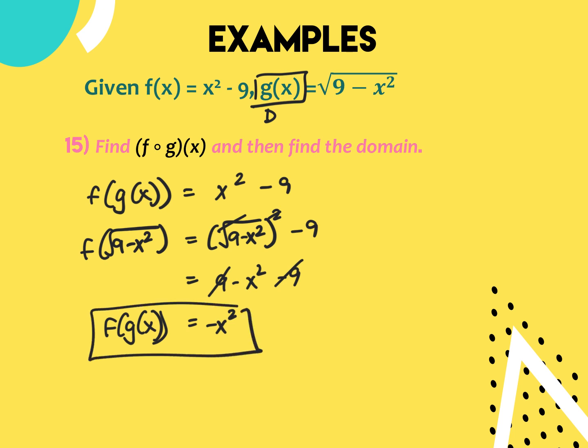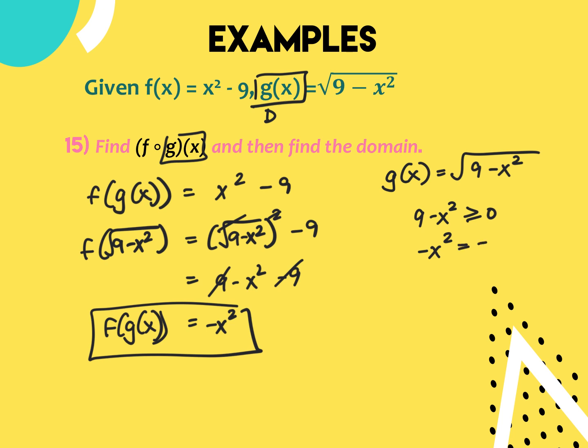So again, I'm going to find the domain of the internal piece, which was g of x. So if this is 9 minus x squared, I know that 9 minus x squared, since it's not in a denominator, just has to be greater than or equal to 0. I'll set it equal and solve for x squared.